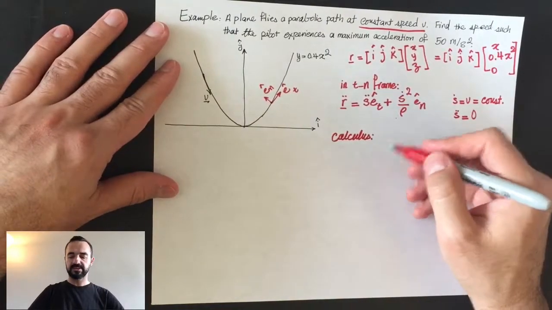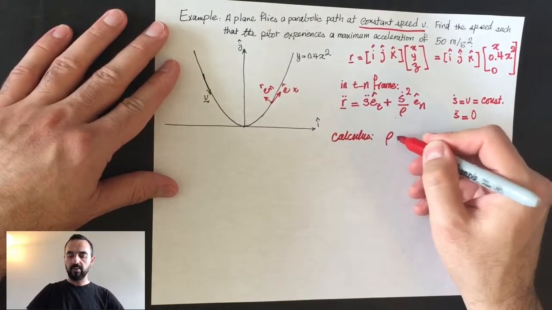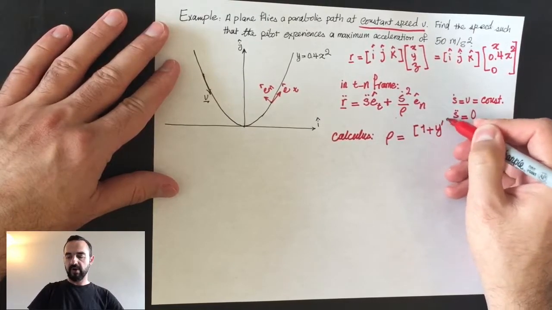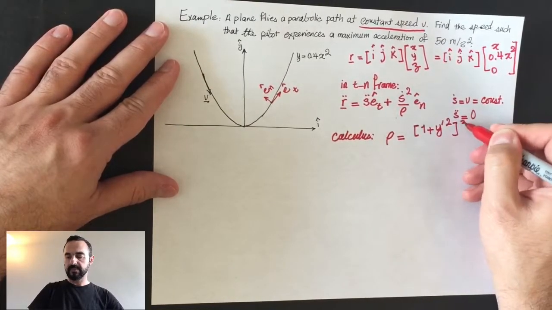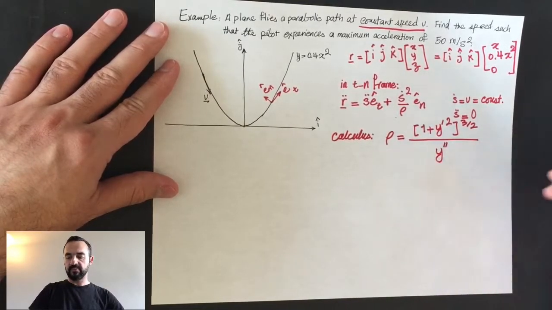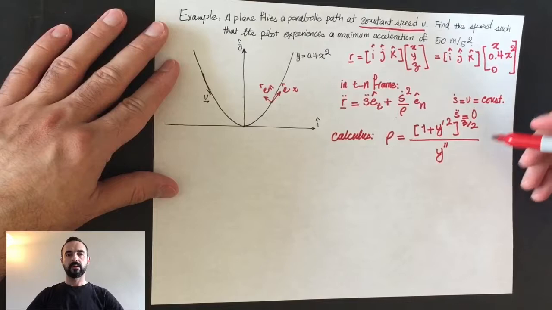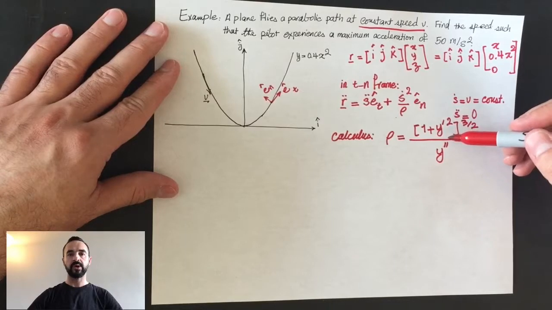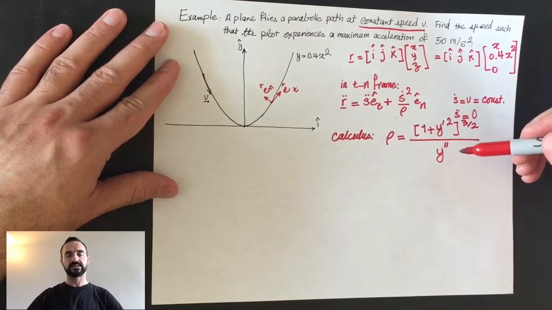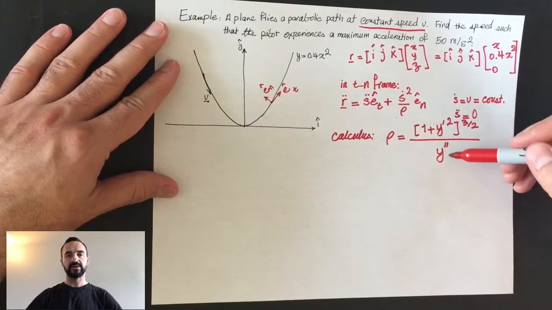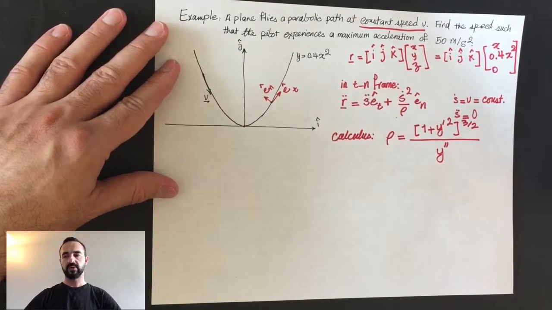From first year calculus, we have rho equal to 1 plus y prime squared to the 3 over 2, divided by y double prime. So if we have the equation for the path, we can compute y prime, which is the slope of the curve at any point, and we can also compute the curvature at any point, which is y double prime.